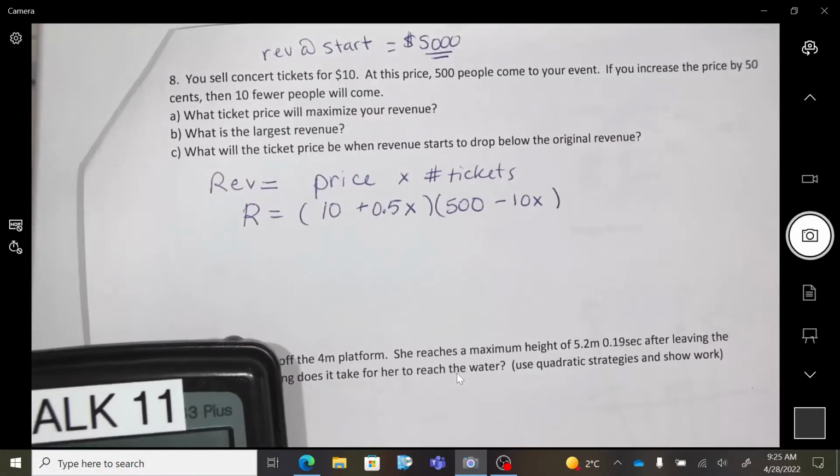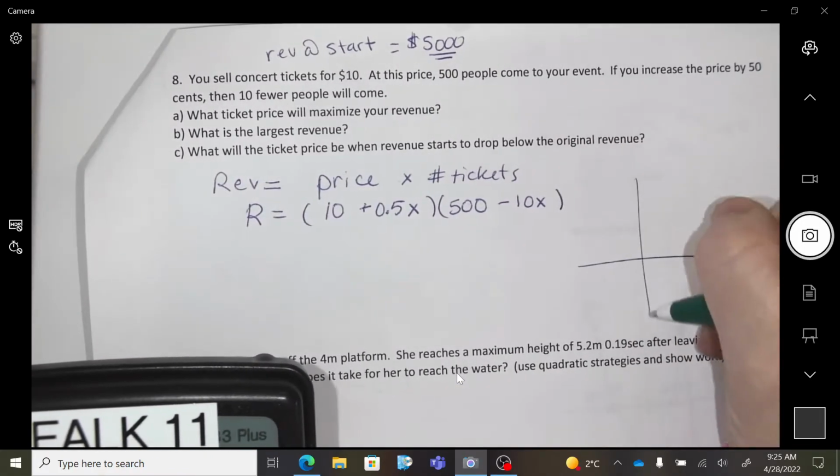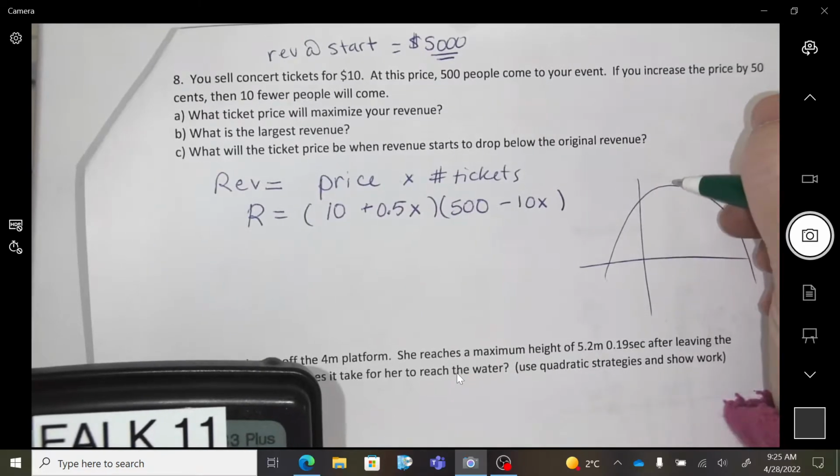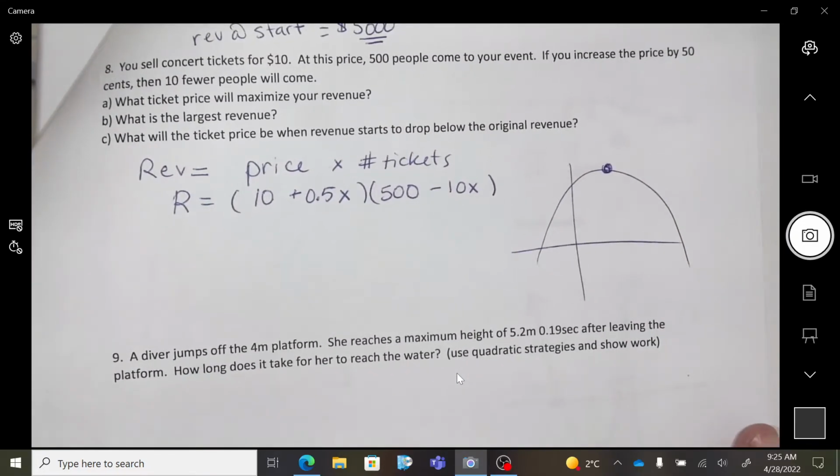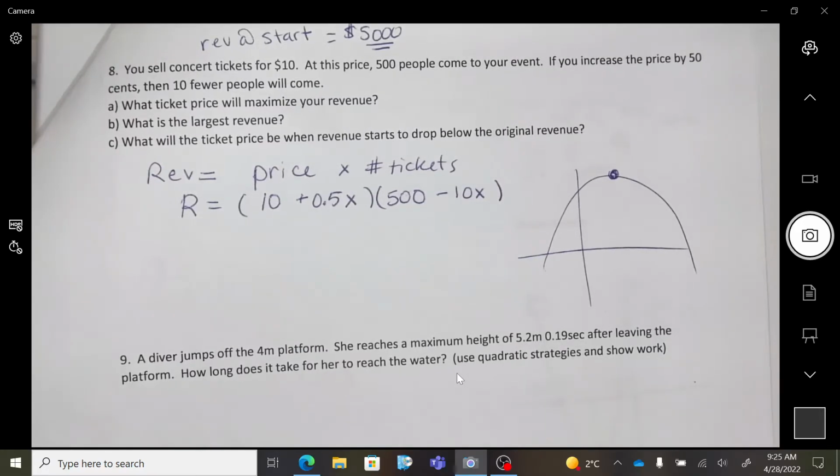Okay, let's get this coordinate, and then we'll decide what we want to do after. But let's just get that coordinate.